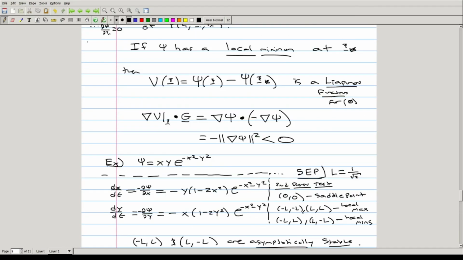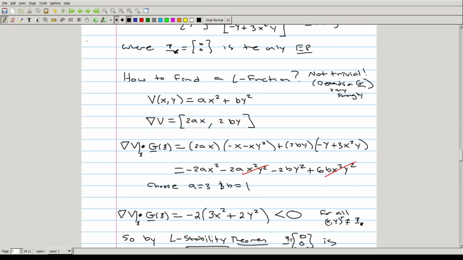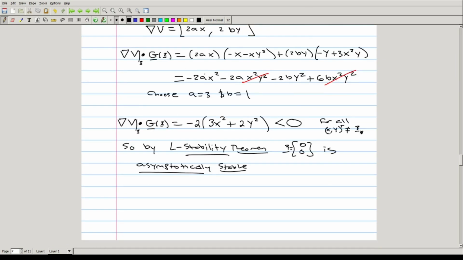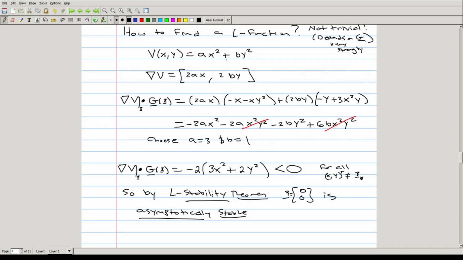So we go back for a second to the example prior. This example right here, we ended up showing that this was a Lyapunov function with a equal to 3 and b equal to 1 for this system of differential equations.